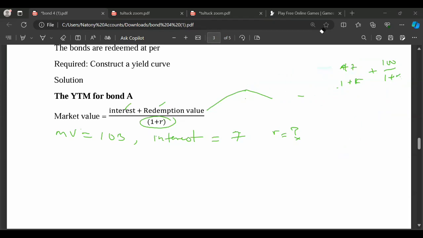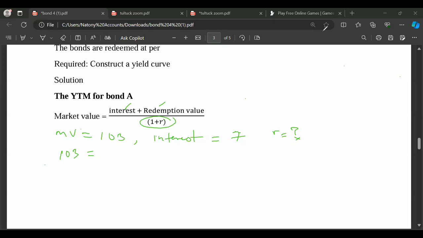So let's look at the question. Back to the question. Since we know the market value, this is the formula, we bring in the market value: 103 is equal to interest plus redemption.